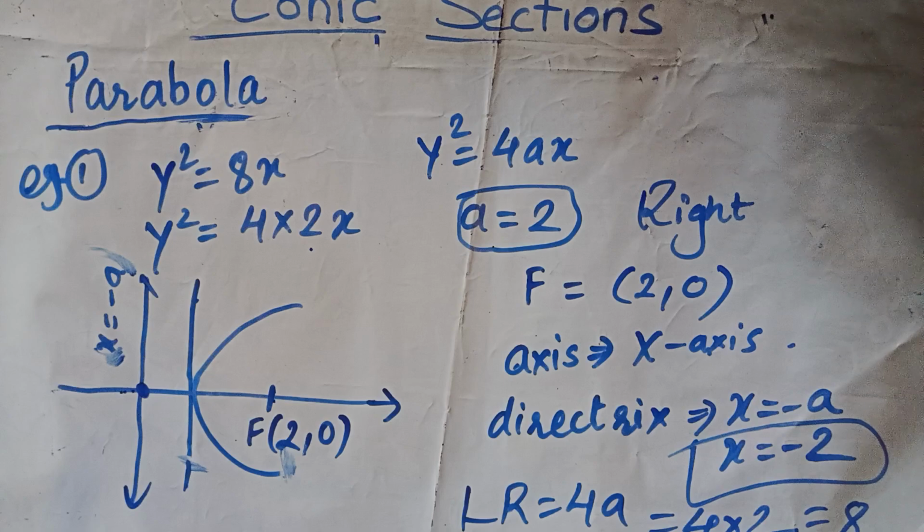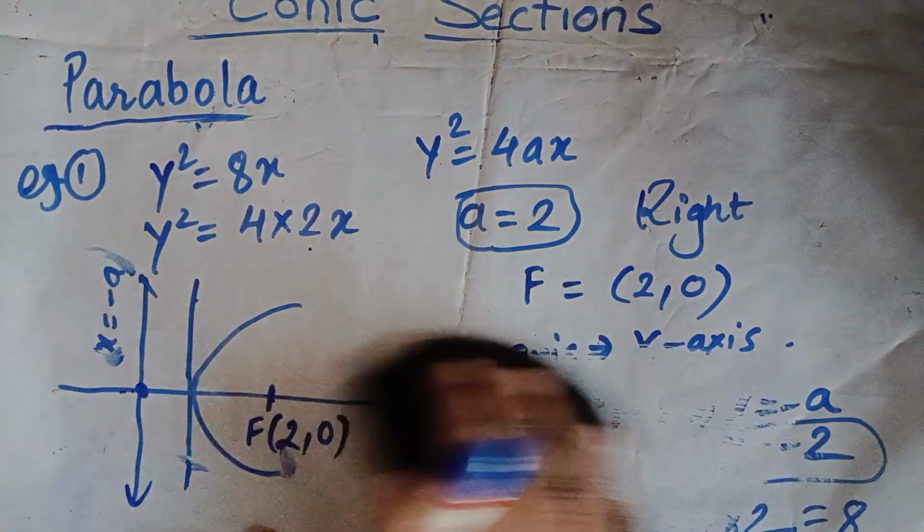Let's solve one more question. Find the equation of the parabola with focus 2 comma 0 and directrix x equal to minus 2.